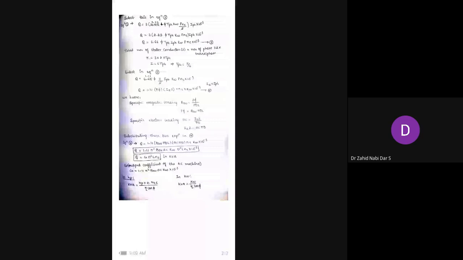So substituting these two expressions in equation 4, we are going to get Q equal to 1.11 into BAV pi D L into AC into pi D into Ns into Kw into 10 power minus 3.